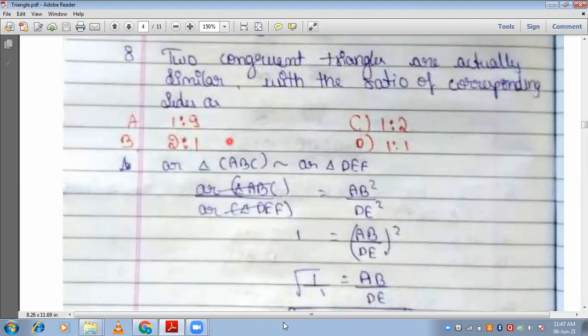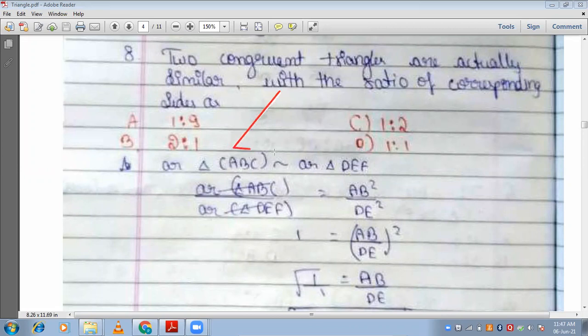So area of triangle ABC divided by area of triangle DEF is equal to AB square by DE square. Here they have given congruent. Congruent means what? Congruent means same shape, same sides also. Same length, same shape, everything. For example, I will take a triangle. One second.